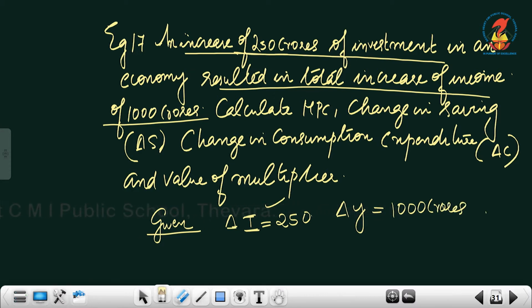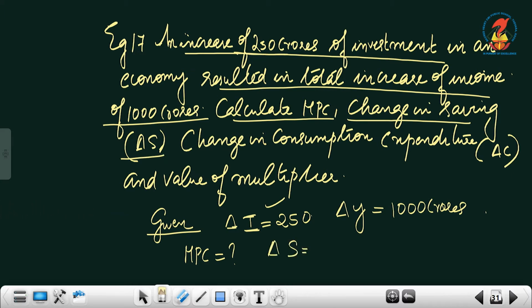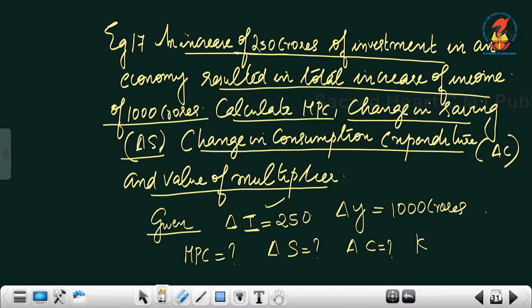Calculate MPC. Change in saving, which you represent as delta S. You have to find out delta S. Change in consumption expenditure, you have to find out delta C, and the value of multiplier. So many components you have to find out here.